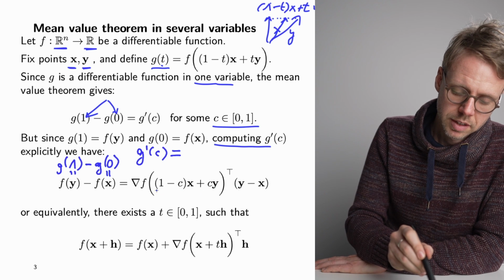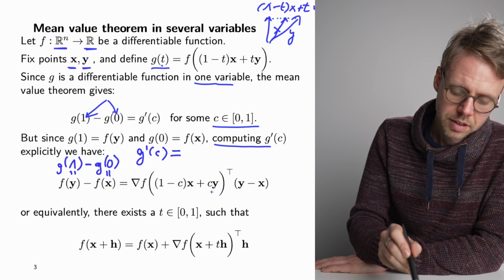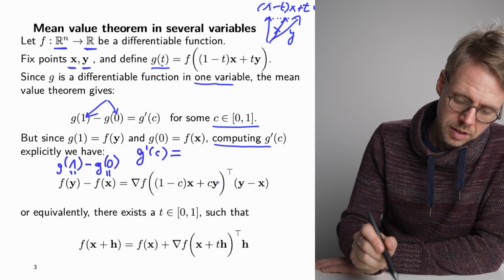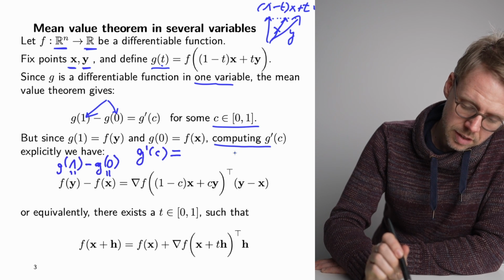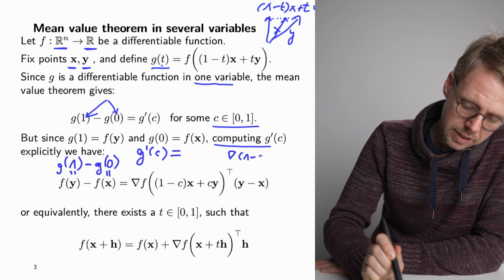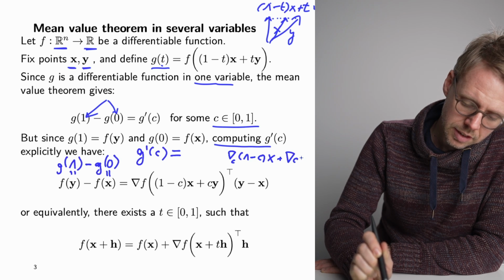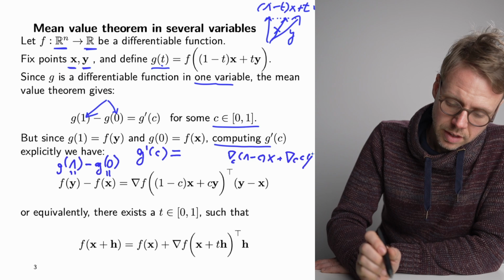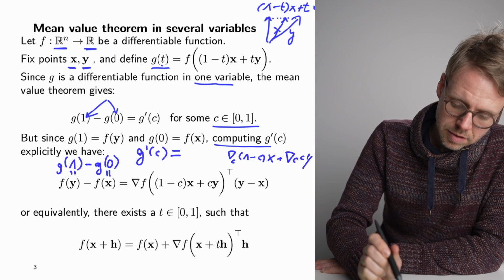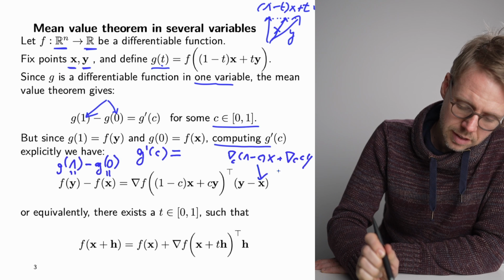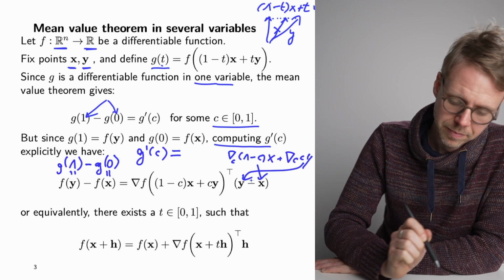So if we take the gradient of this inner part, we get the gradient of (1 minus c) times x, the gradient with respect to c, plus the gradient with respect to c of c times y. Here we get a minus x, and here we get a y.